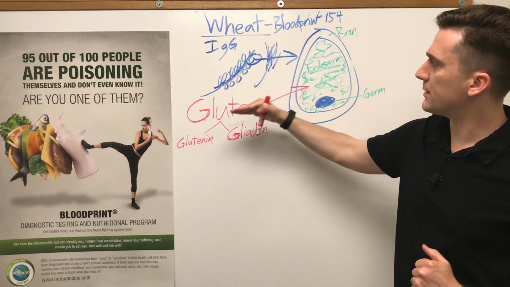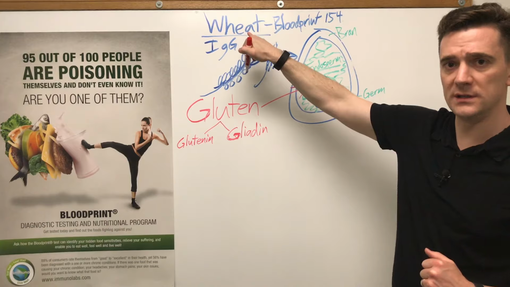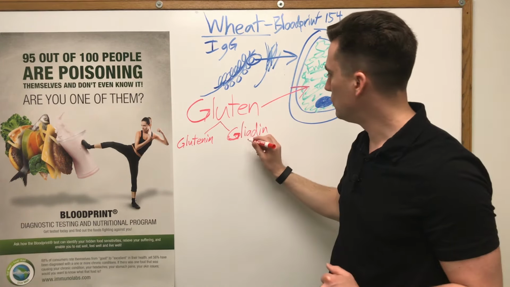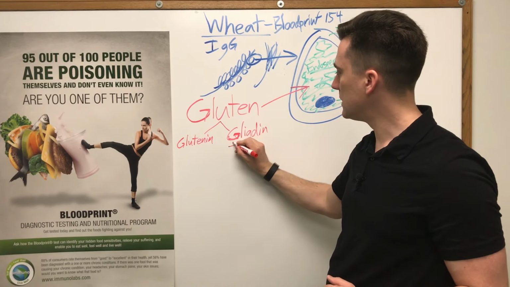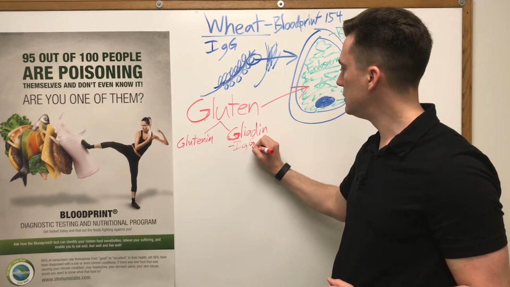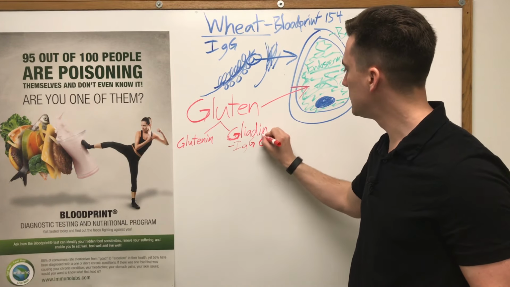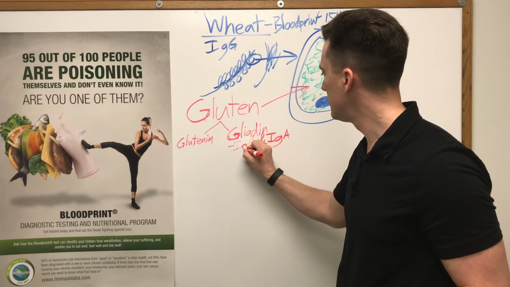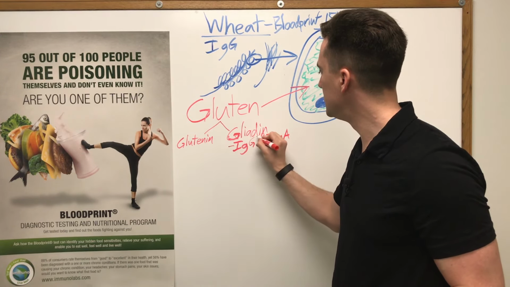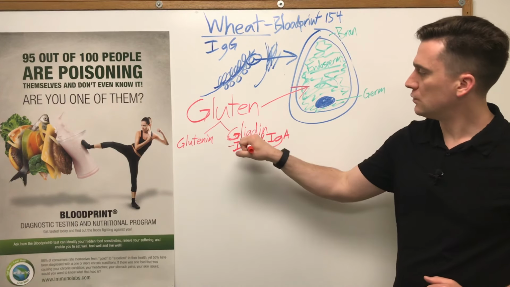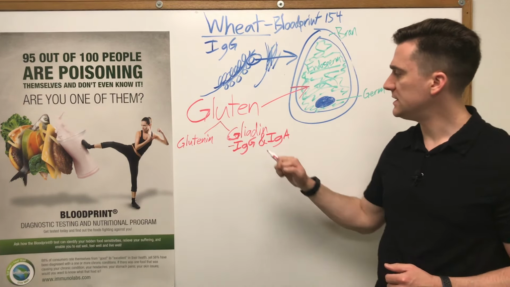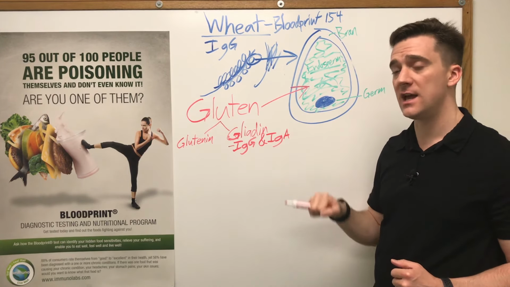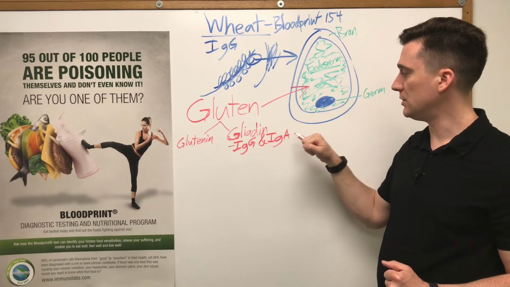Now, how we step through this is if you come up reactive to wheat on the Bloodprint test, we can then run our anti-gliadin test, which we will be testing you for an IgG and an IgA. So let me just write these a little bit better. So when we do our anti-gliadin test, we'll be seeing, do you have a reaction to IgG and IgA, immunoglobulin G and immunoglobulin A?